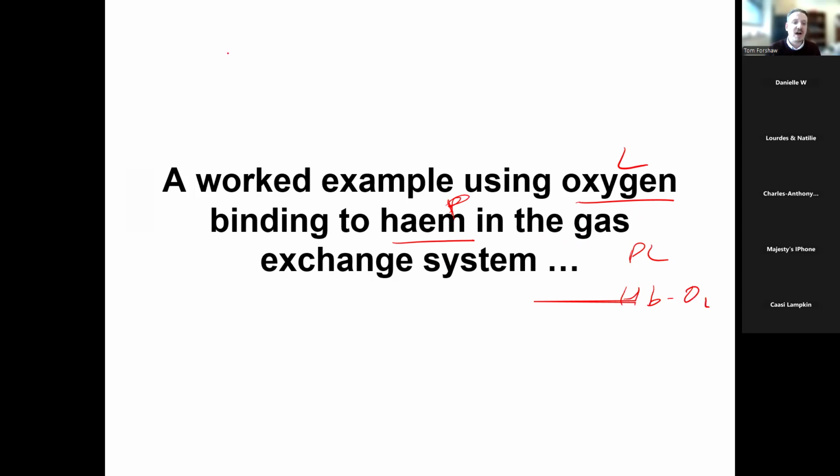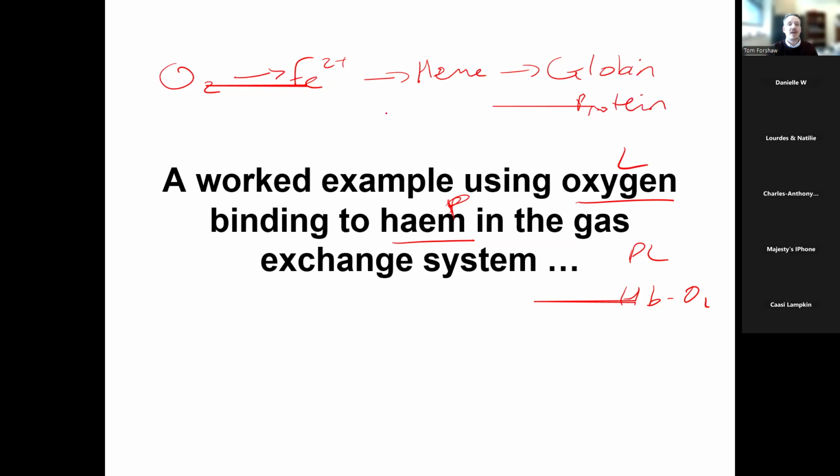It's important to define first of all the way that things work: you start out with oxygen, and oxygen is going to bind to iron, which is going to bind to heme, which is going to bind to globin, which is our protein. And these are effectively cofactors. Cofactors are things that help proteins work, and the oxygen is our ligand.